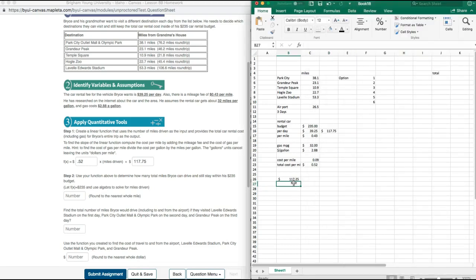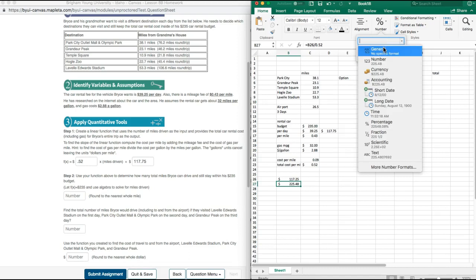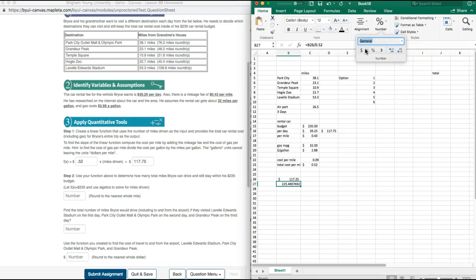And I'm going to do that here. Equals this number, divide by 0.52, the benefit of using Excel. And that gives me 225.48. And this is giving me a dollar format, and I don't want it to be a dollar because this is representing miles, and it was just doing that because I cell referenced money over here.